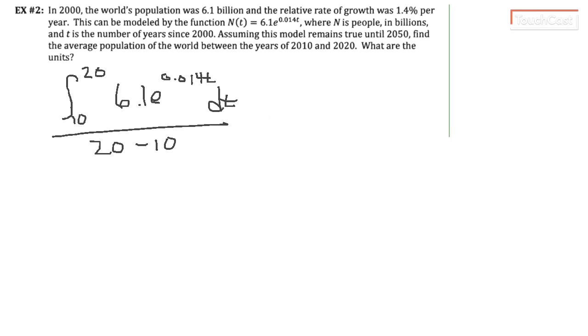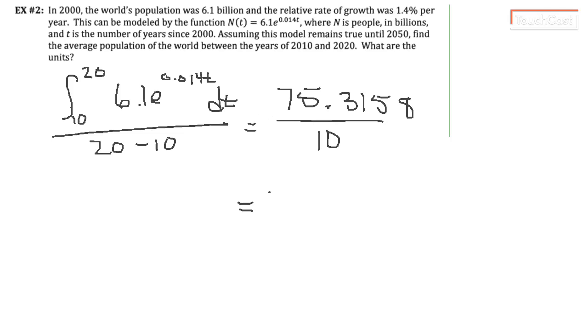So when I do that, in my graphing calculator, I get about 75.3158. It goes a little further than that, but we're just going to go to the 3158. And then 20 minus 10 is 10. So we're going to divide this numerator by 10.